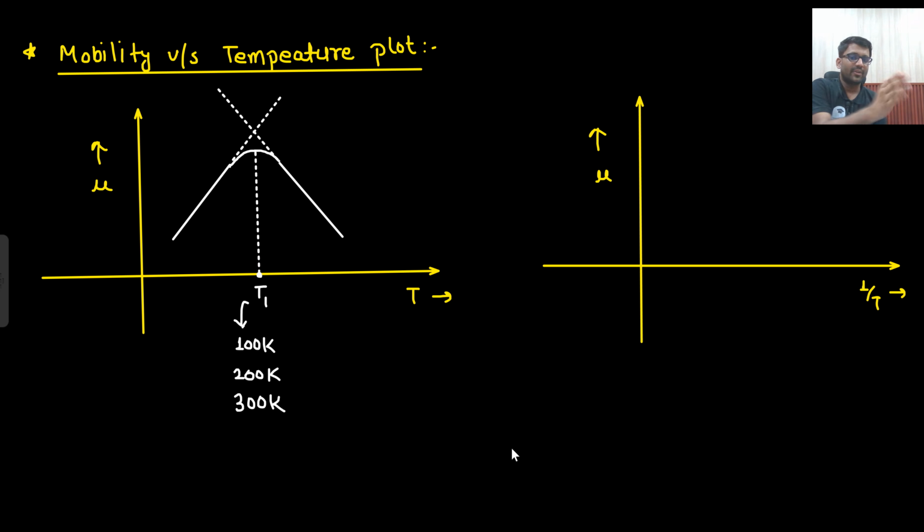So with the increase in temperature, mobility will decrease after room temperature, and before room temperature, it can increase. Here mobility is proportional to T to the power minus 3 by 2. Why minus 3 by 2? Because with the increase in temperature, mobility is decreasing. And here it will be proportional to T to the power plus 3 by 2, since with the increase in temperature, mobility will increase. So mu is proportional to T to the power 3 by 2 here, and T to the power minus 3 by 2 there.